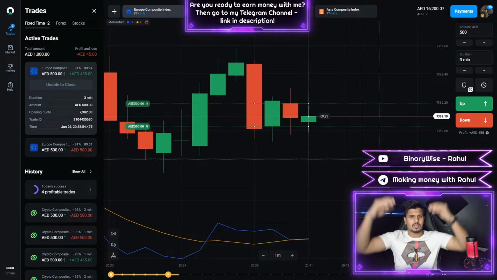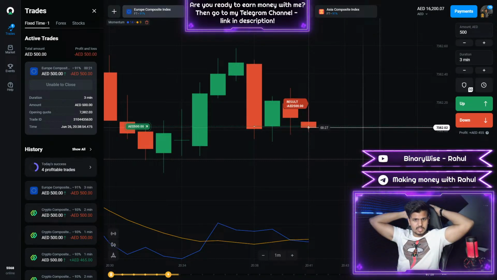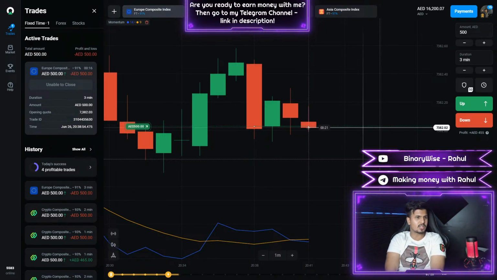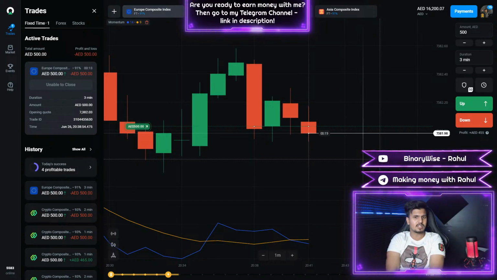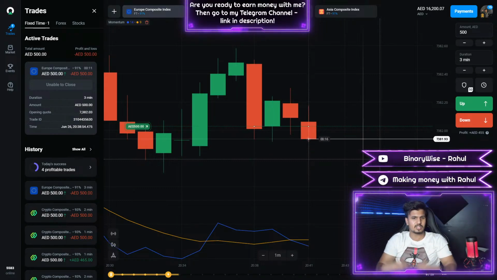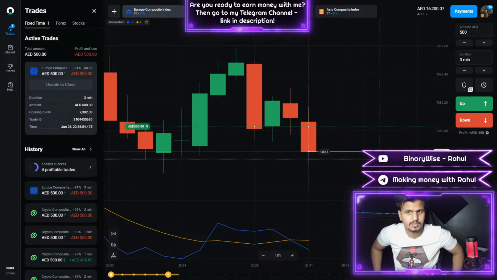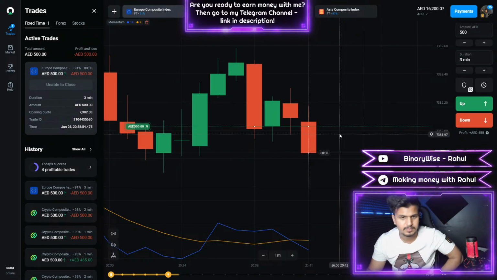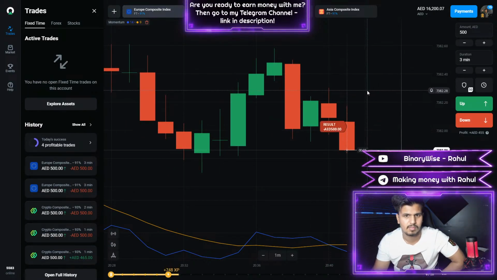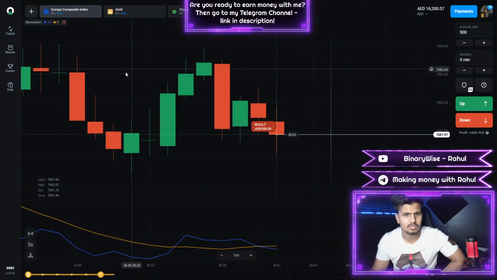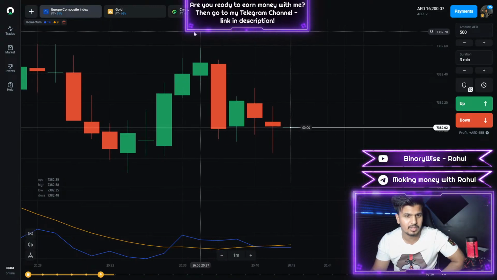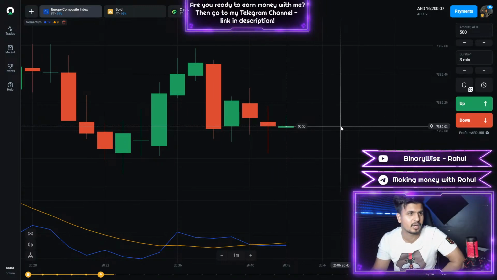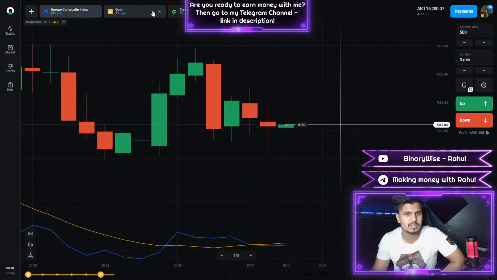Only 2 and 1. One is lost just because of 2 seconds. Did you see it went upward, but then turned back to the downside, and now only 15 seconds remaining and it is still moving to the downside instead of going upward. So 2 trades that looked like they would be profitable turned back to the downside and got losses, and now it will try to reach upward after the movement. So let's check another one.